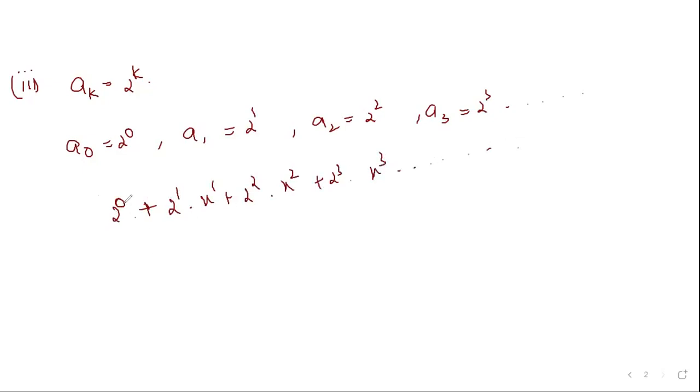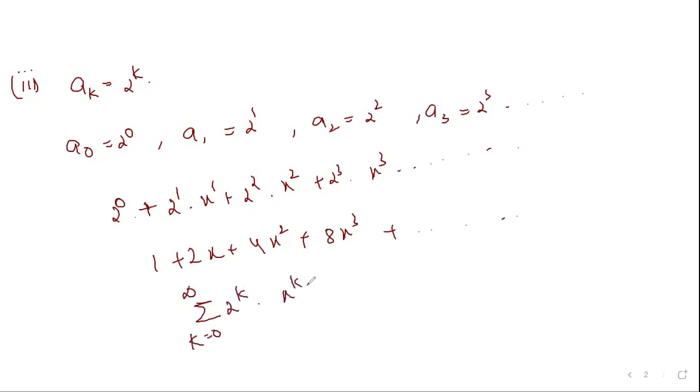So this can be written as 1 plus 2x plus 4x square plus 8x cube, and you understand the problem. Or we can write it in sigma notation as the sum for k equal to 0 to infinity of 2 power k into x power k.